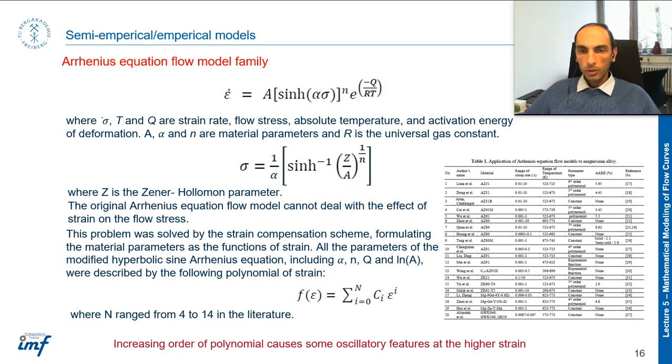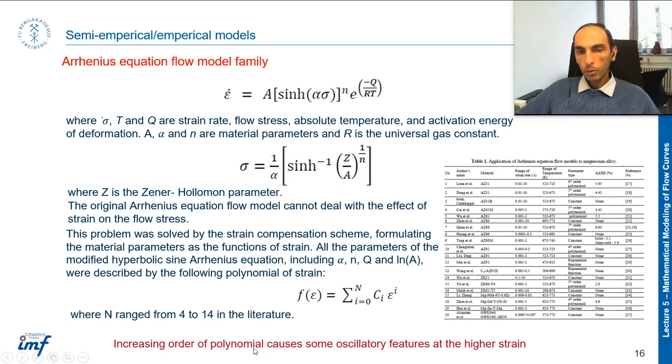So temperature, strain, and strain rate all are included, and the value of n is changing between 4 to 14. Of course, by increasing this number, the accuracy of the model somehow increases, but some instability in the model appears.